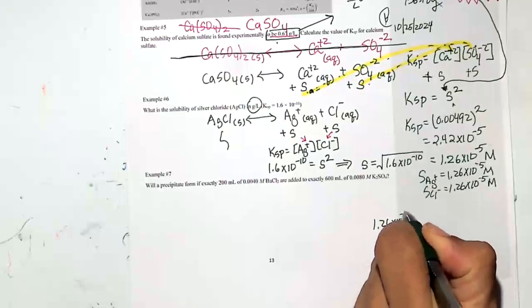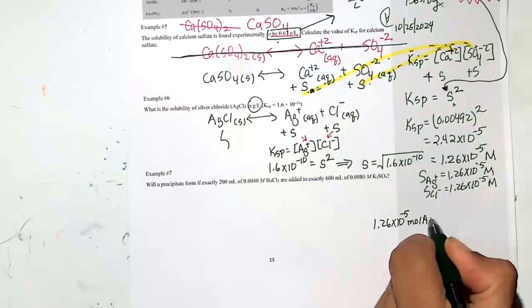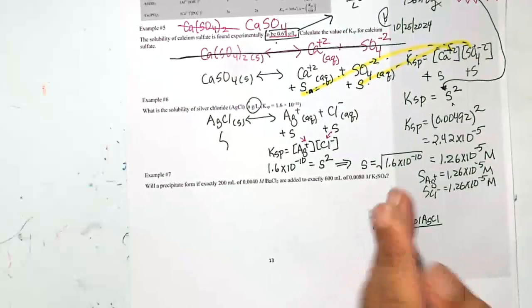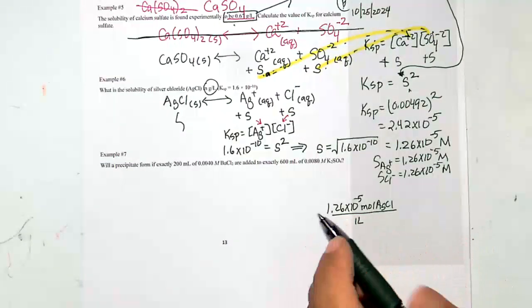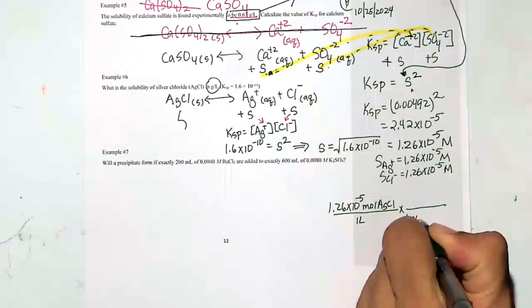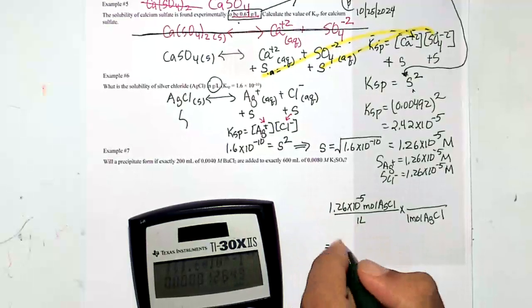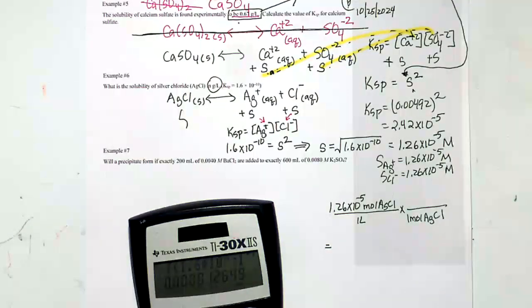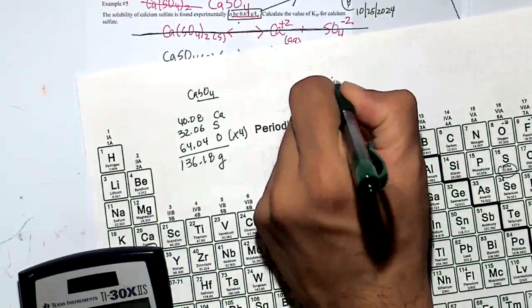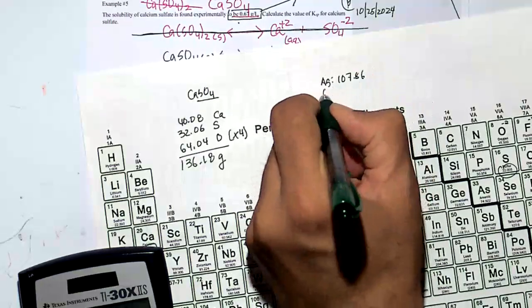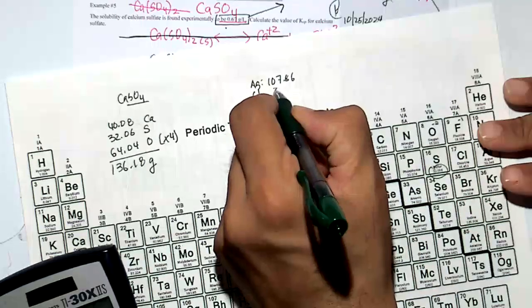Okay, so this is what I mean. Moles of AgCl in 1 liter times 1 mole of AgCl. What's the molecular weight of AgCl? Ag is 107.86, and Cl is 35.45.